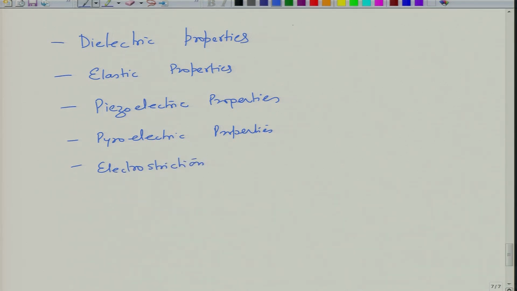Okay. So, these are all basically vectorial and tensorial properties which are related to the stimuli, which could be stress, or the electric field, or delta T, a temperature difference. So, we have these proportionality parameters in the form of stiffness, susceptibility, piezoelectric coefficient, pyroelectric coefficient, or electrostriction coefficient, which are all second rank, third rank, or fourth rank tensors, depending upon the properties they correlate.